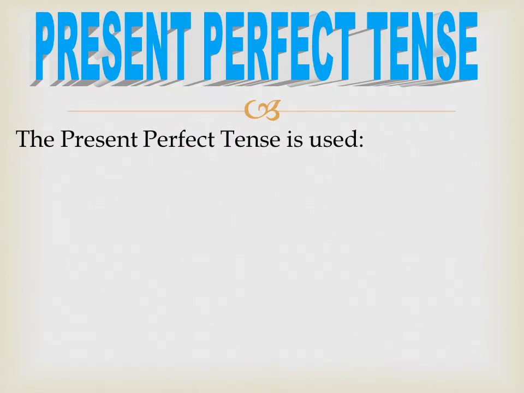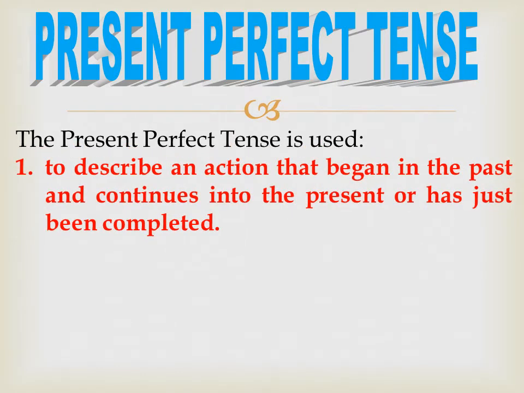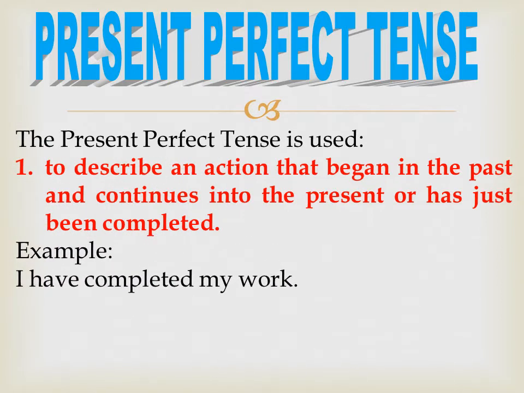The present perfect tense is used to describe an action that began in the past and continues into the present or has just been completed. For example, I have completed my work.